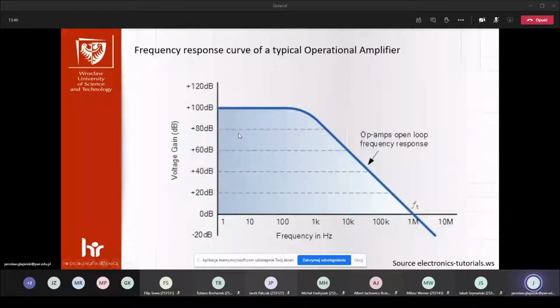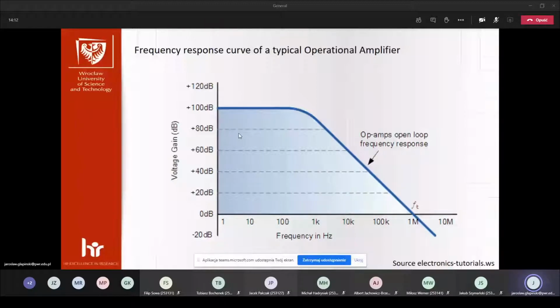But the problem is that the operational amplifier does not have an infinite response at all frequencies, because of course it's built of real elements.